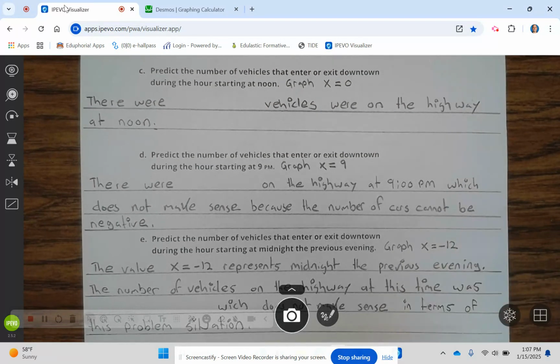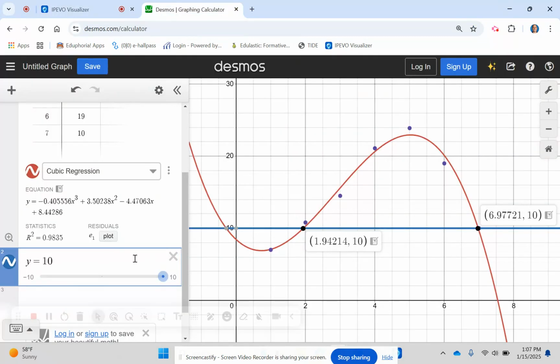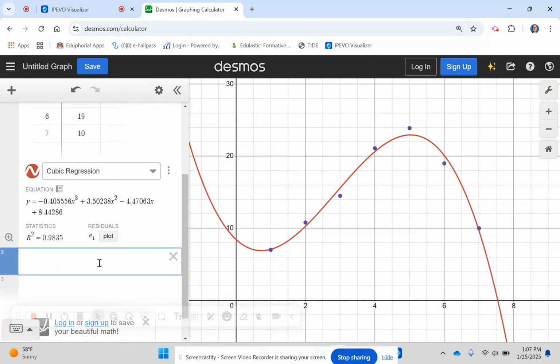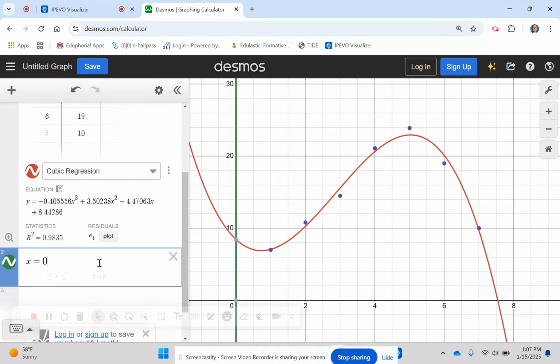Let's take a look at C. Predict the number of vehicles that enter or exit downtown during the hour starting at noon. So to do that, we're going to graph x equals 12. I'm sorry. X equals 0.